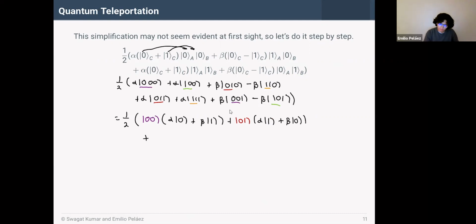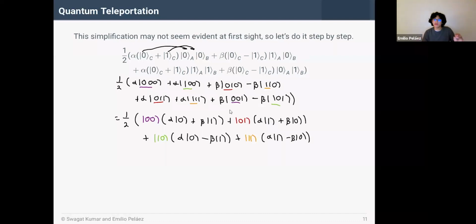Then we have 1, 0, which we got alpha 0 minus beta 1. And finally, we have 1, 1, which is just alpha 1 minus beta 0. So we just took out the first two qubits, in which we had common factors, and moved the right side.